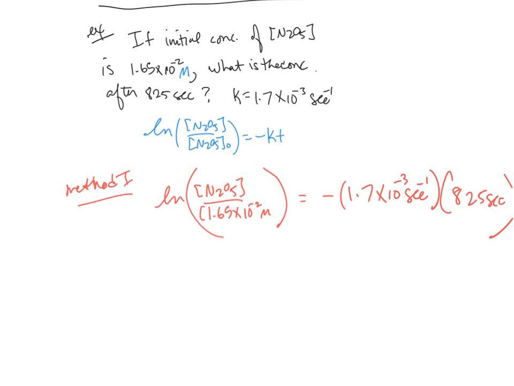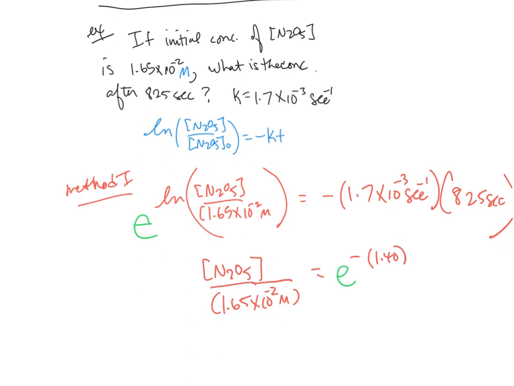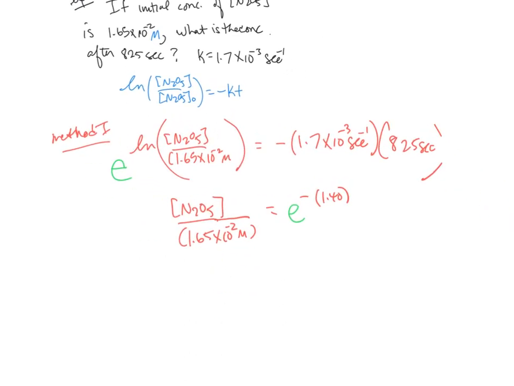And we will say e to the logarithm of the something is equal to the something, which is N2O5 divided by 1.65 times 10 to the minus 2 molar. And then this will be equal to e to the minus, and if you take the product of those two, you get 1.40. So we're getting closer here.